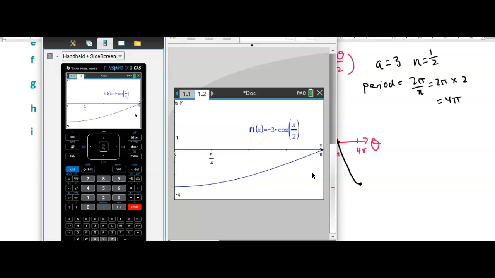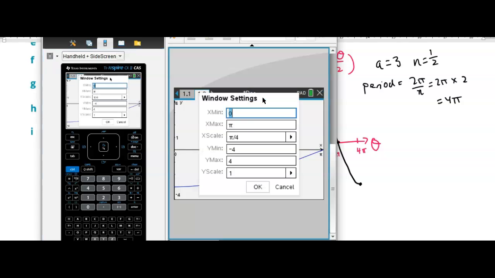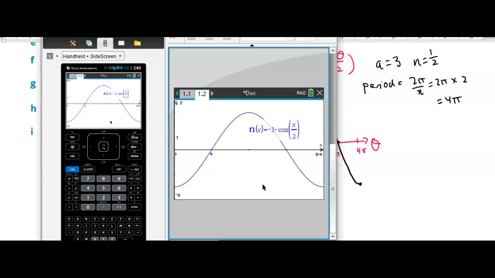That's because we've stopped at pi. So let's change our window. Okay, so this time I'm going to go up to 4 pi. My scale I'm going to do by pi, because remember that's what I drew. And my y min and max can stay the same because the amplitude is still 3. Okay, so there you can see the cosine graph.